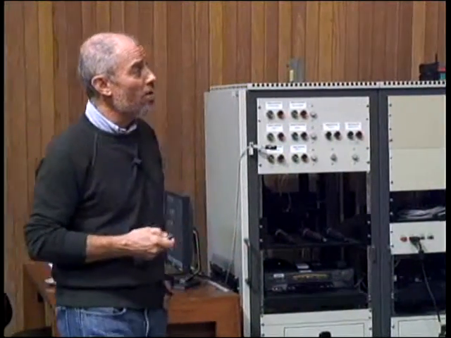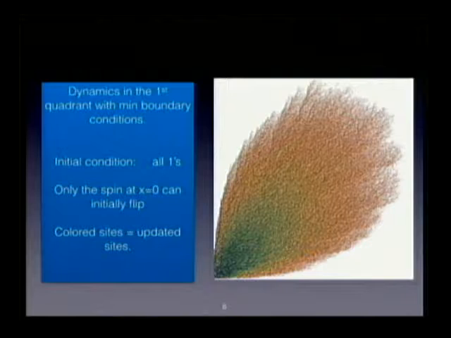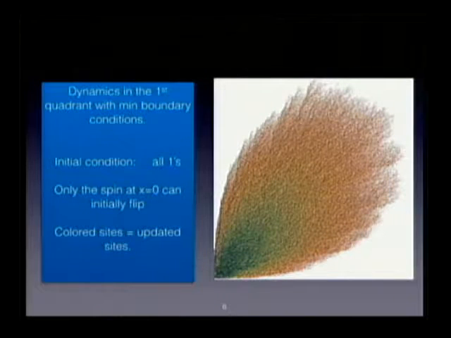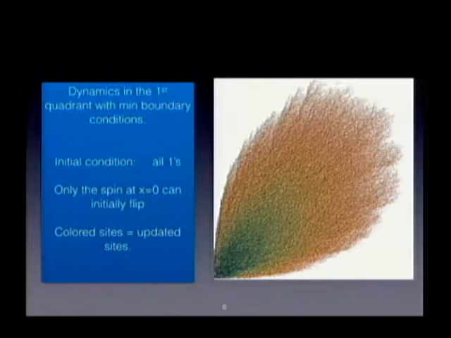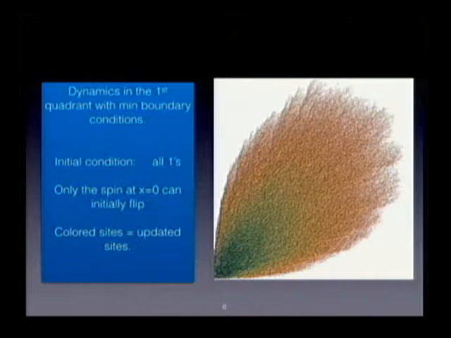The colors here record all the vertices that have been updated at least once within the time of the snapshot. The darker the color, the more times a vertex has been updated. In particular, all this white area has not been updated up to time t. First of all, you see immediately that there is a symmetry along the diagonal, which is the natural symmetry induced by the constraint, because it's the southwest neighbor.